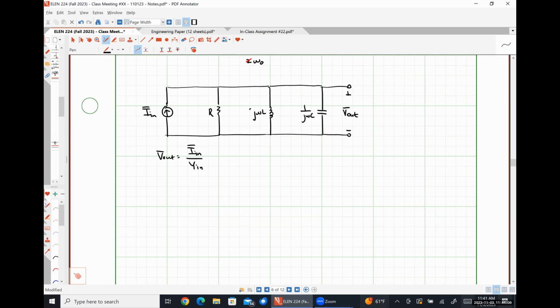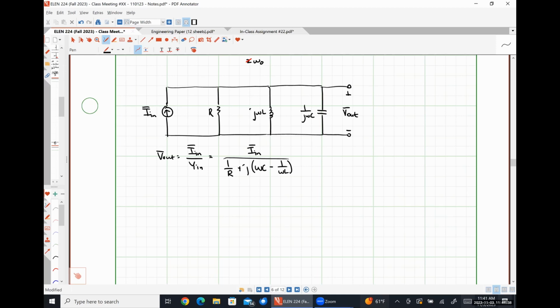So this is going to look like I in divided by 1 over R plus J times omega C minus 1 over omega L. I'm just using the expression for the admittance that we derived at the very beginning when we were talking about parallel resonance.